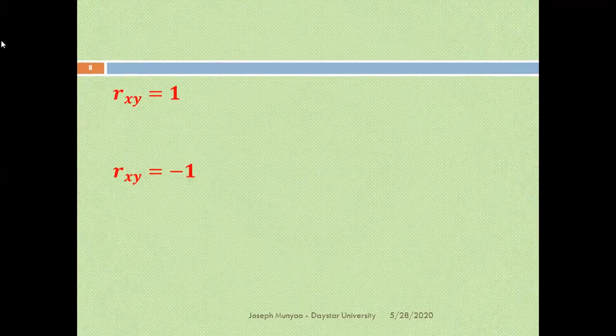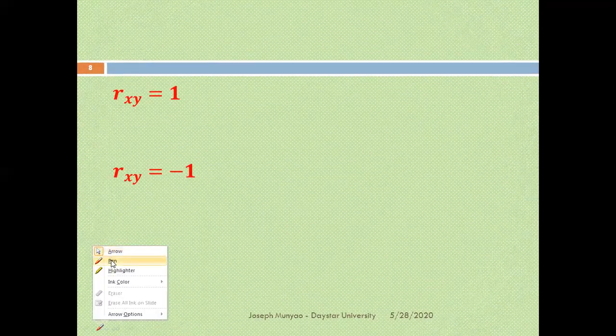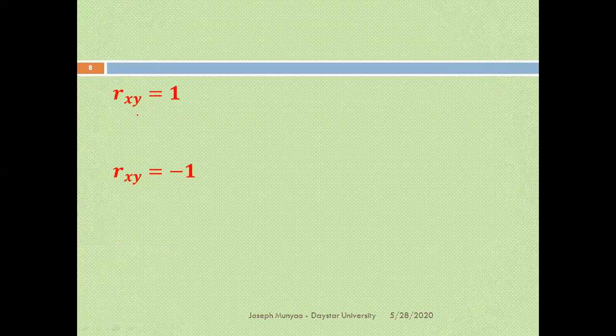Let's demonstrate one or two things here. Suppose x and y have a perfect positive correlation. Suppose when x was equal to 30, y was 80. Then somebody tells you to find the value of y when x has changed to 40.